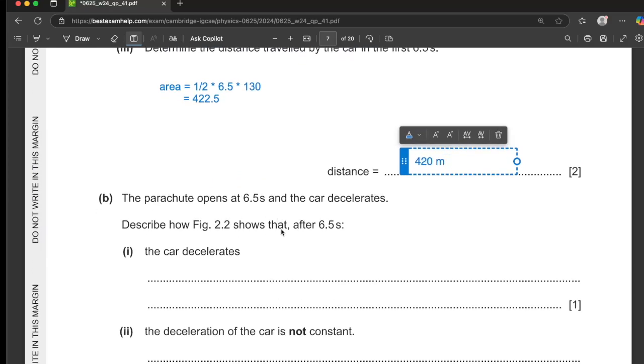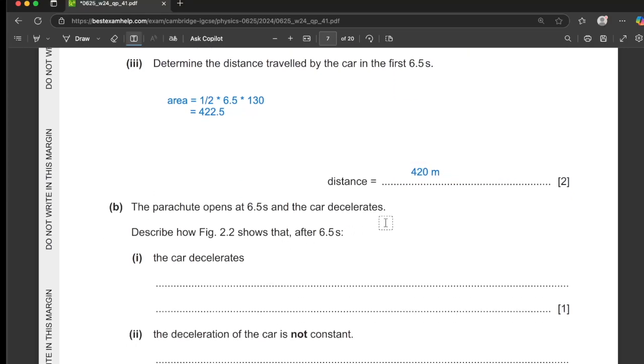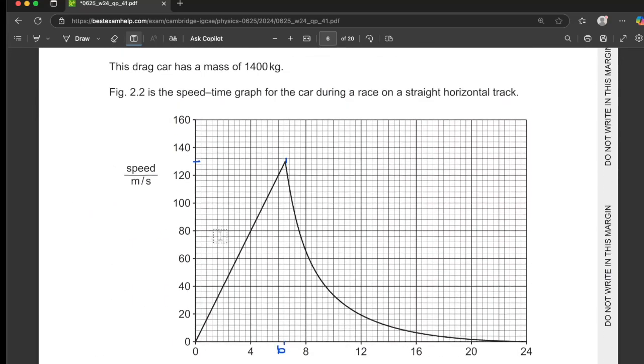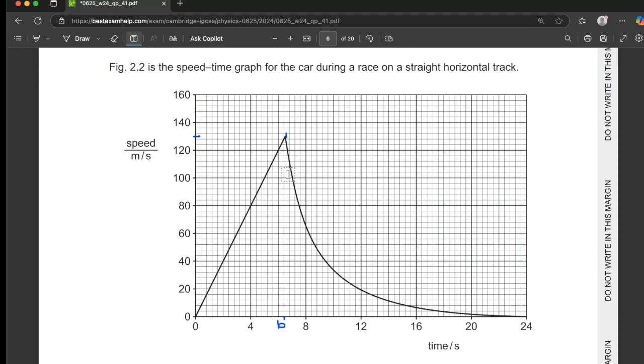B. The parachute opens at 6.5 seconds and the car decelerates. Describe how figure 2.2 shows that after 6.5 seconds the car decelerates. You get the acceleration in a speed-time graph by looking at the gradient.